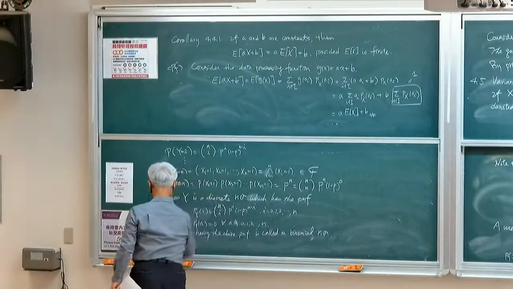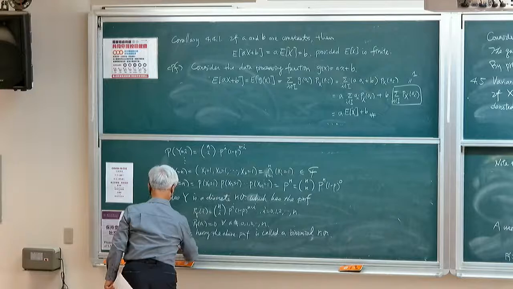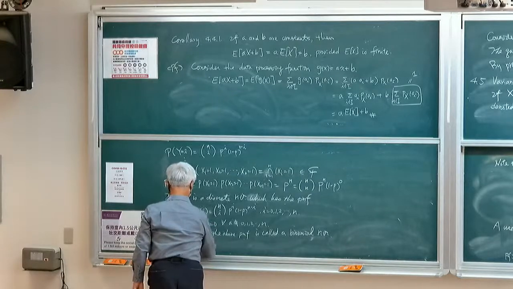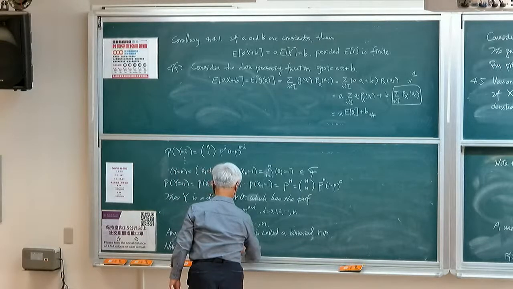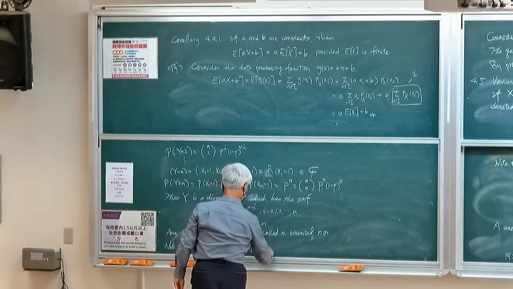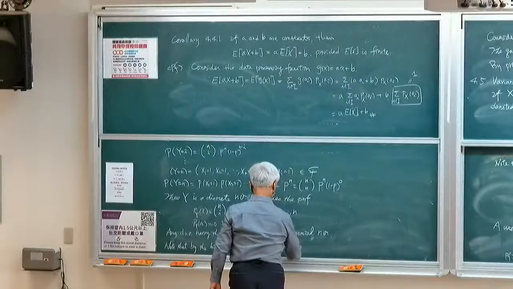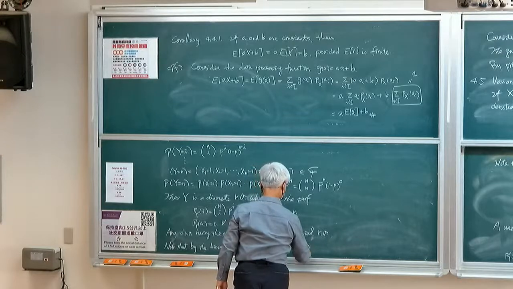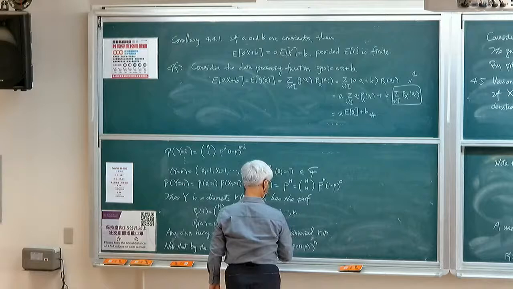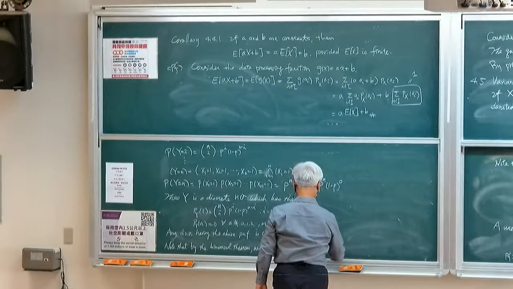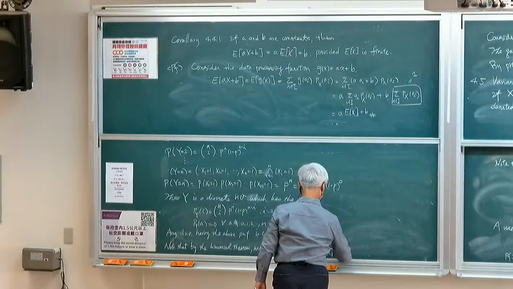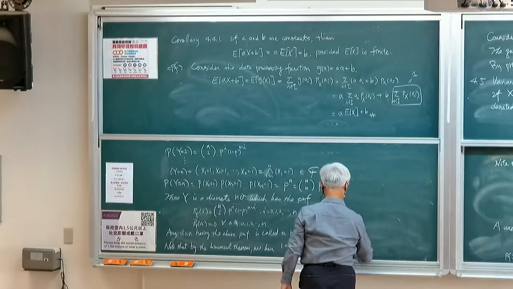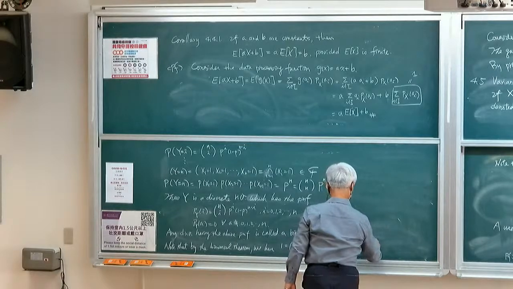Especially, note that by the binomial theorem, we have 1 is equal to p plus 1 minus p to the nth power, and this is the summation of i from 0 to n of the binomial probabilities.